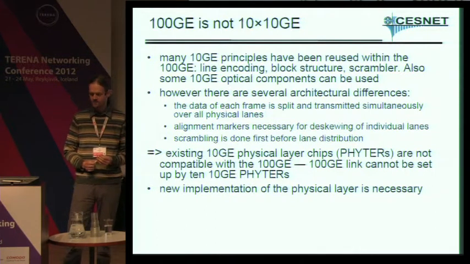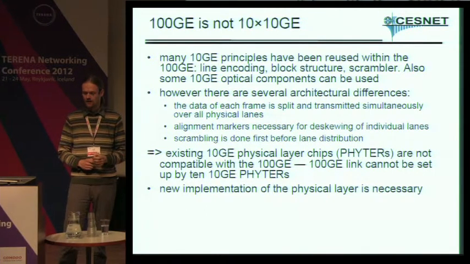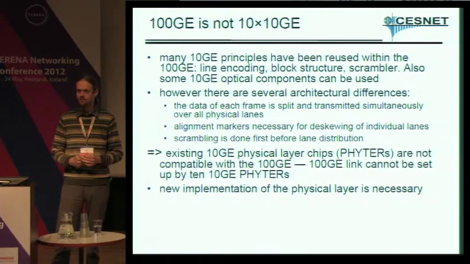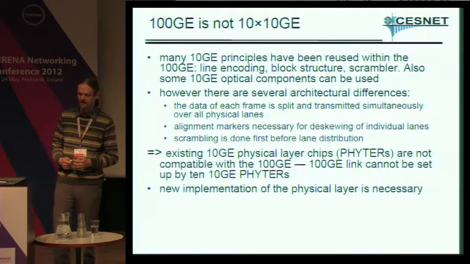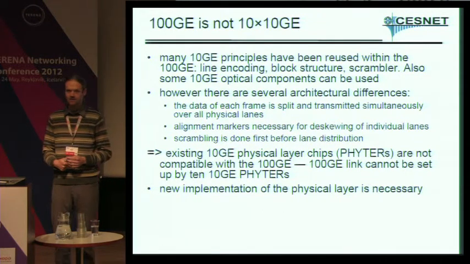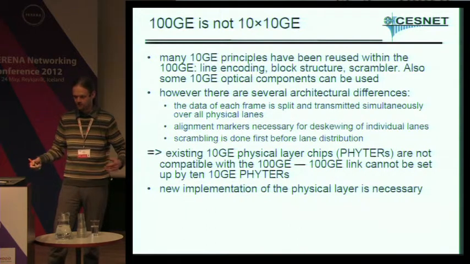While many 10G principles have been reused, there are also new principles which force us to re-implement many things. The main difference is that the data of each frame is split and transmitted simultaneously over all physical lines, which means that if you observe just one of the 10 lines, you will not be able to understand the traffic.